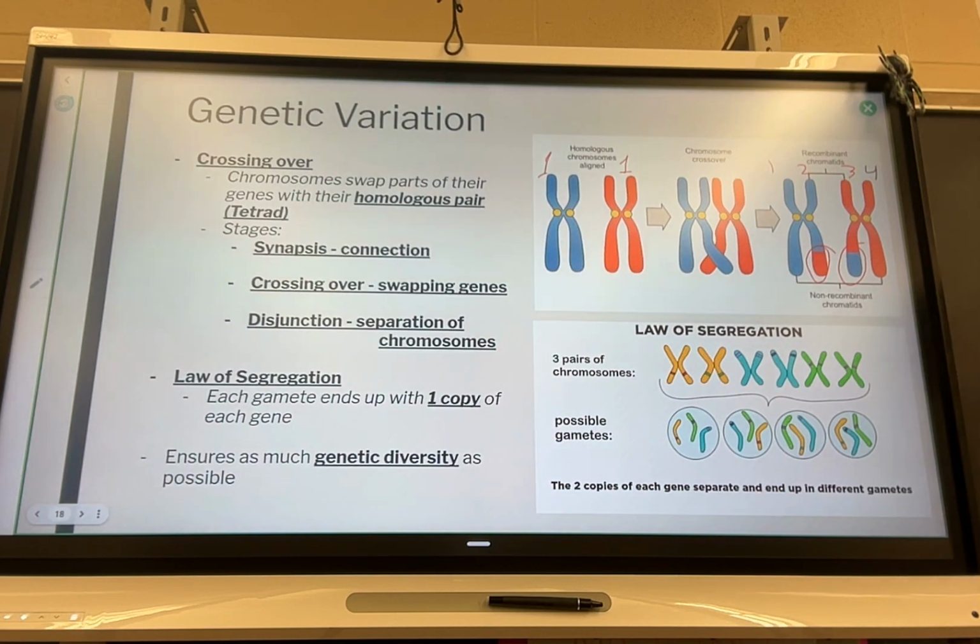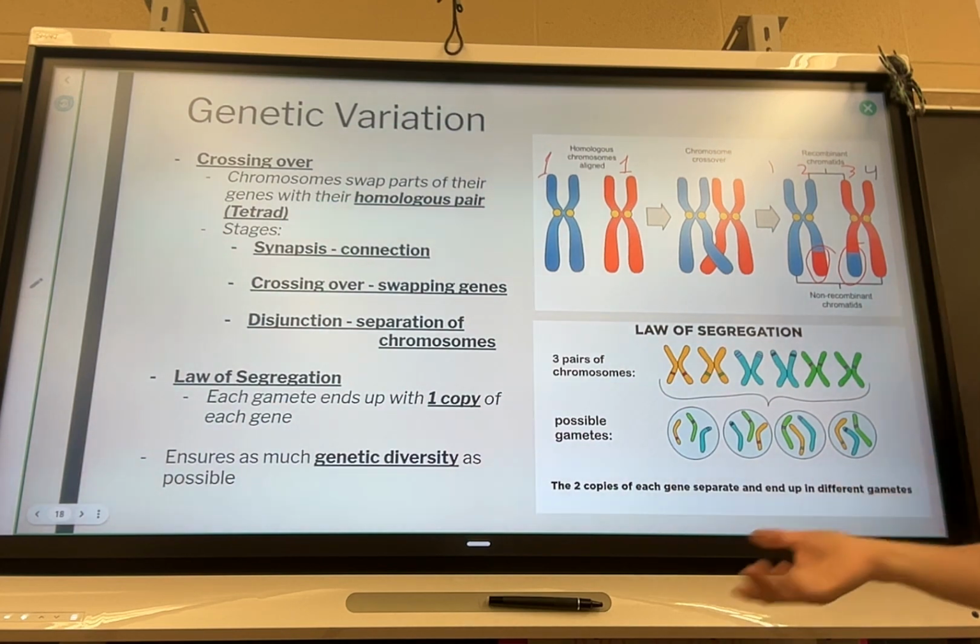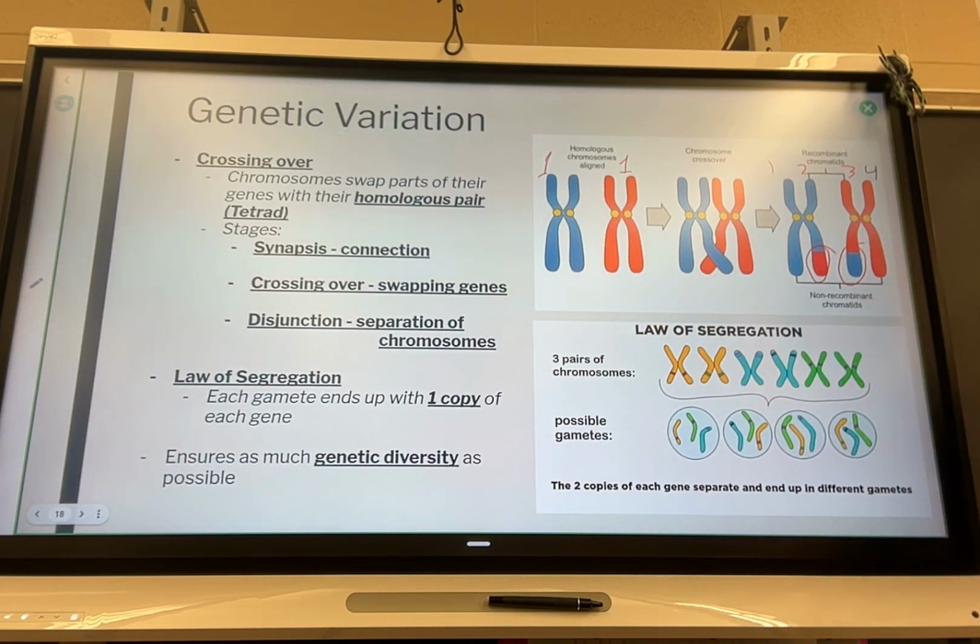This is going to help us out when we talk about fertilization, because we only need 1 copy from mom, 1 copy from dad to get our diploid pair. So this is going to ensure as much genetic diversity as possible, which is good, because if we don't, then we're going to have all sorts of issues, which we'll talk about probably Monday is my guess. Any questions about this?